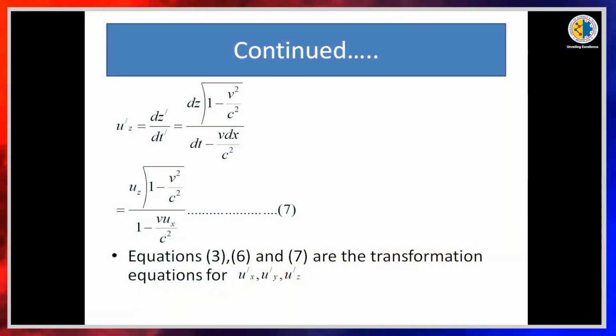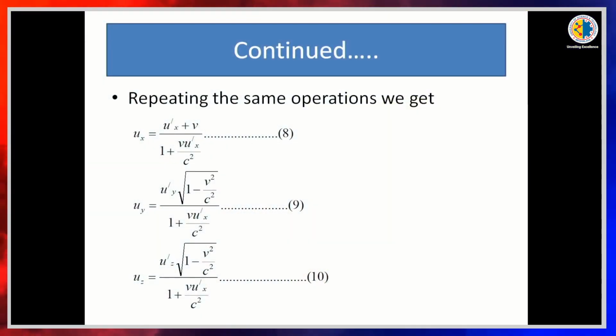Now, in the case of velocity approaching the speed of light, we get the three components u dash x, u dash y and u dash z, and repeating the same operation, we get ux, uy and uz. Now try to understand the difference between ux, uy, uz and u dash x, u dash y, u dash z. ux is the velocity in the x direction according to the S frame, and u dash x is the velocity in the x direction according to the S dash frame.